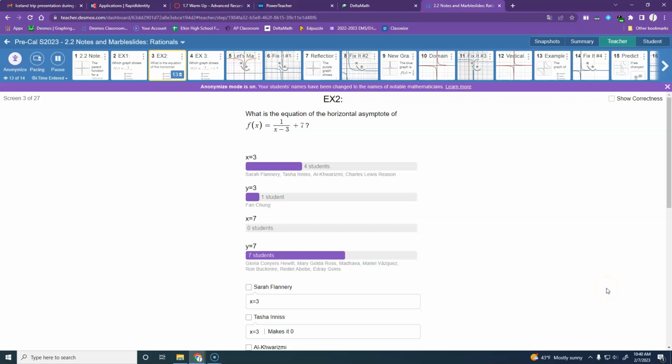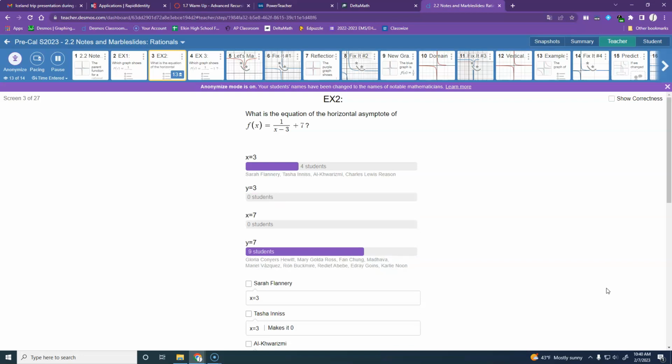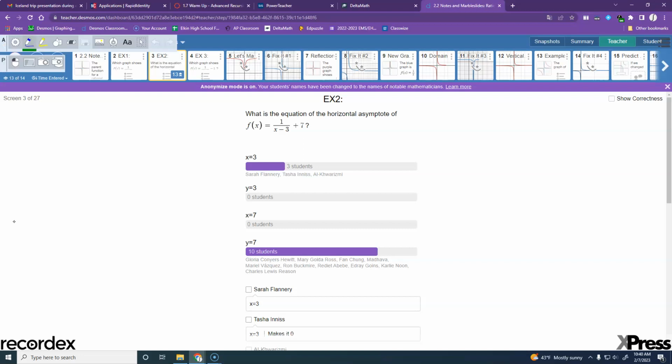A little more. We got two that are pretty close on this one. So let's see what we think. Here are our results. Most people said y equals 7. But we had a pretty significant number say x equals 3. Okay? So, first of all, this is something that should be so easy, but even sometimes I myself get it mixed up. Okay?